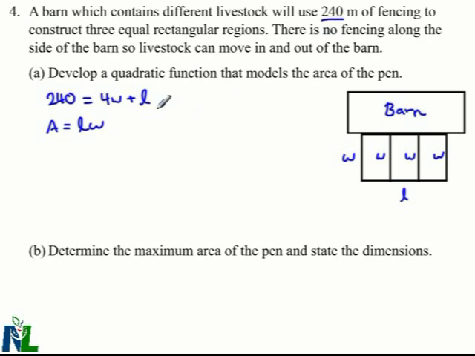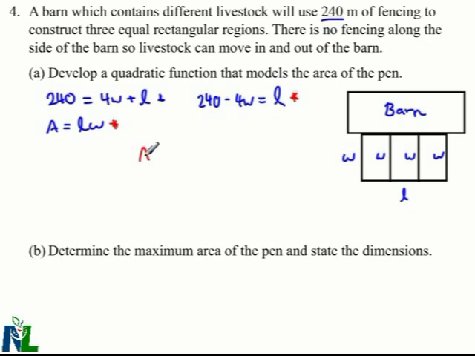Now, using this formula, I can rewrite and find out that if I knew the width, I would just need to subtract 4 of those from 240 to get the length. Meaning that I can then substitute in from here to here and get a quadratic.